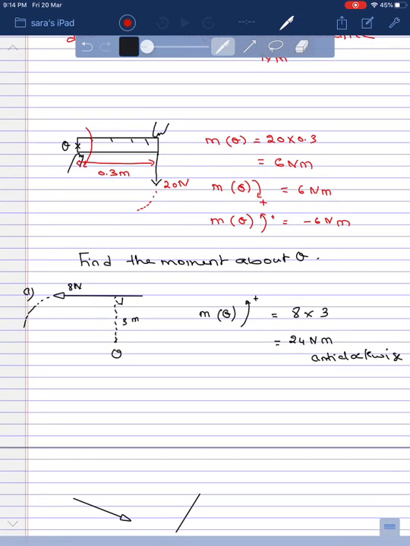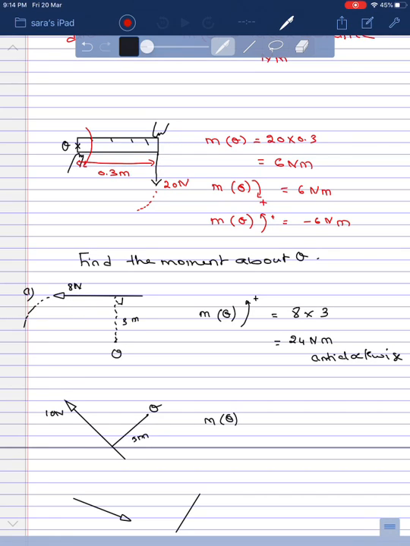If I take another example, if I have, this is the force, and I have point O here. Let's say O is 5 meter away and the force is 10 Newton.